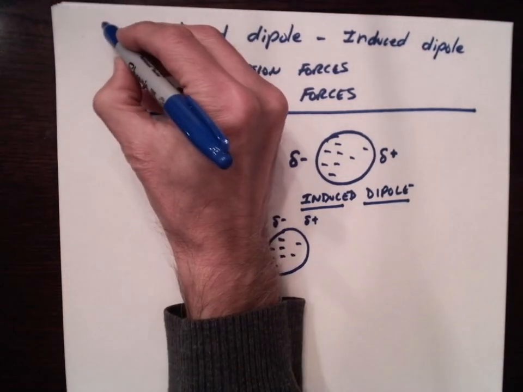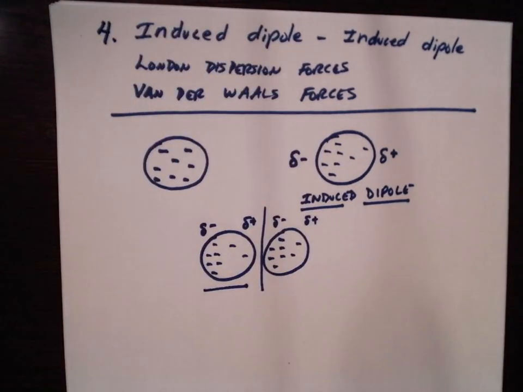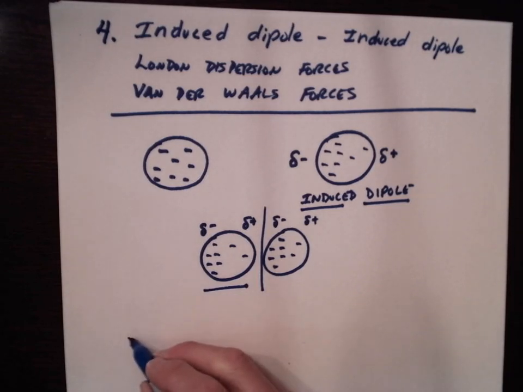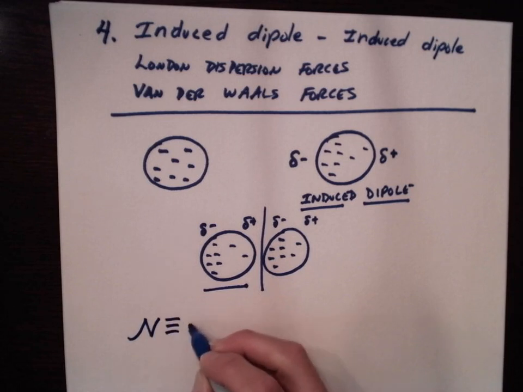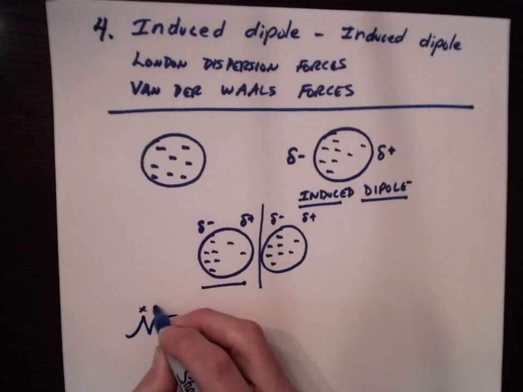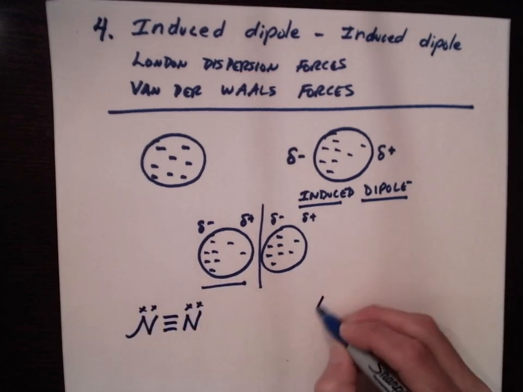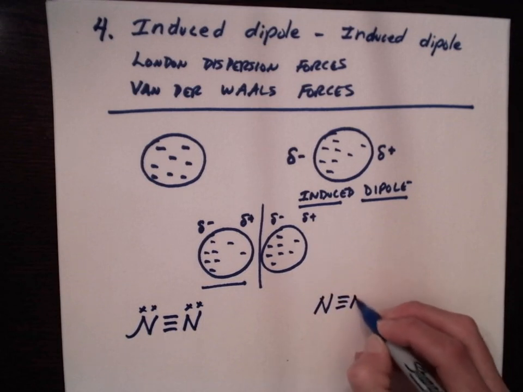And this is the basis of our fourth intermolecular force that we're discussing, which is called the induced dipole force. And this would occur between two molecules that are nonpolar. So for example, we're going to remember this is the Lewis structure for nitrogen, which is a nonpolar molecule.